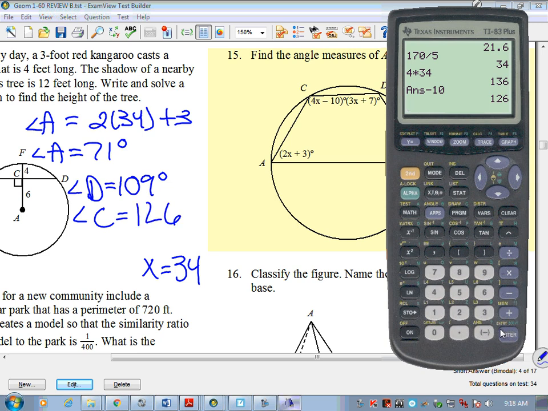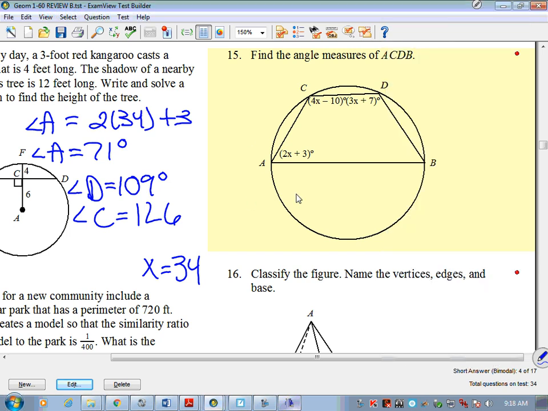And that's actually how I'm going to end up finding angle B, by subtracting 126 from 180. So angle B should be 54 degrees, if I got that right. And you're going to want to show all of your work for that. I know I've done some of it in my head. You want to show me that you know exactly what you're doing.